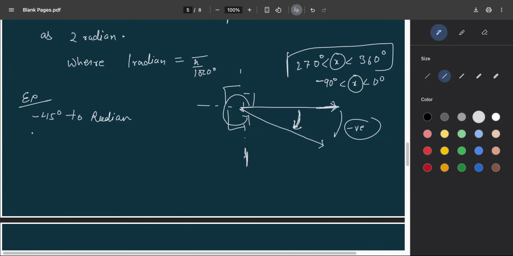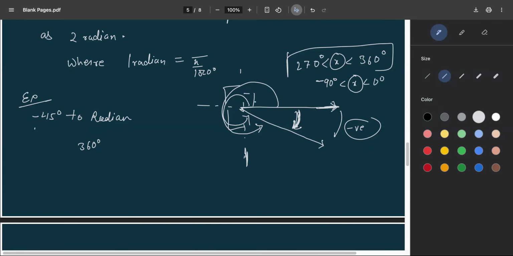So my main point is you can actually do this conversion. One way is first convert this negative part into a complete angle part. How can you do this? You know the complete angle is 360 degree. This is a small portion you are given as 45, basically negative 45, right?